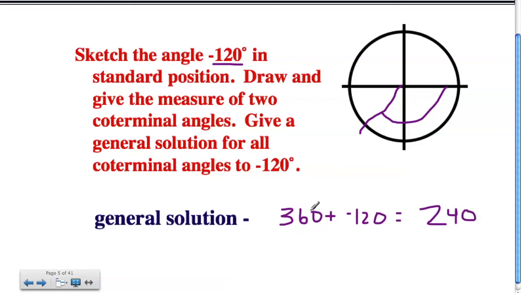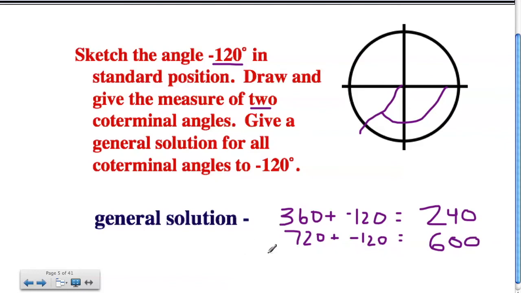All right, so there's 1 coterminal. And if I wanted to do another coterminal, because it says give 2, I can do 2 revolutions, which is 720. And then I add it to the angle they gave us, which is negative 120, which gets us 600. And there are multiple answers.